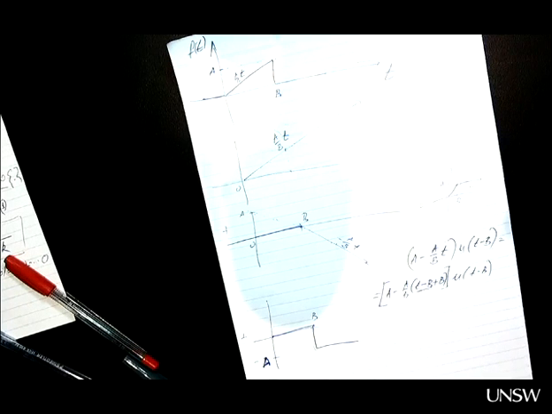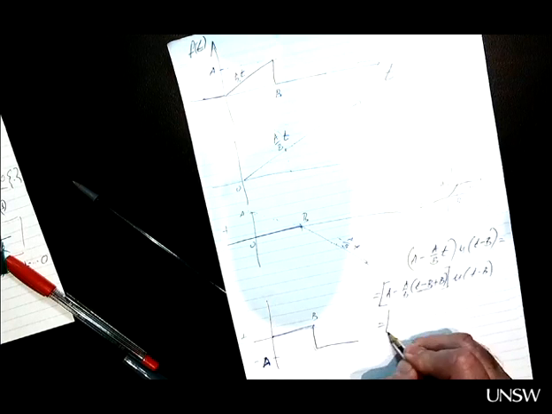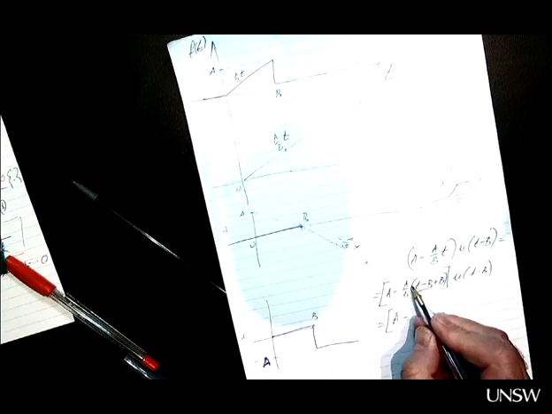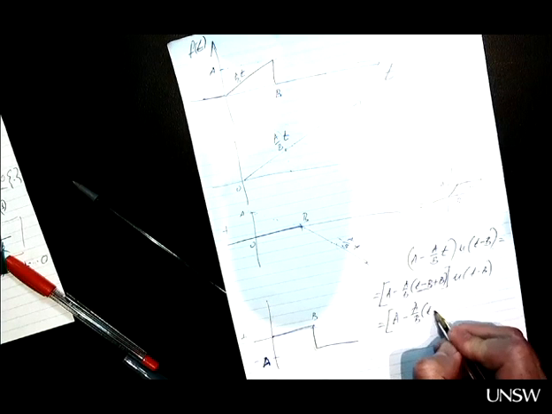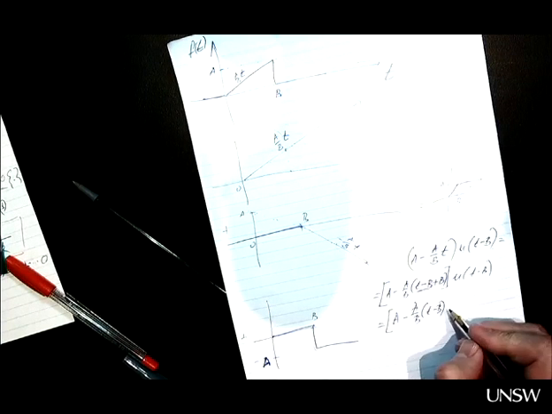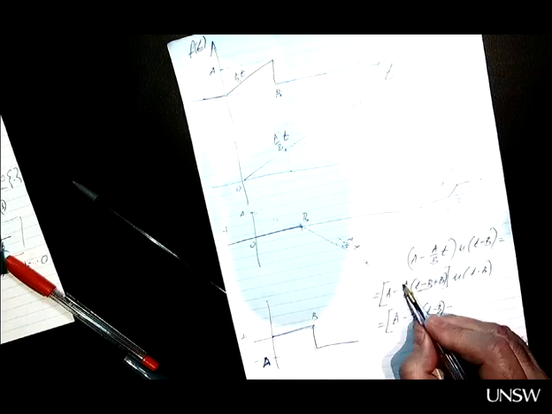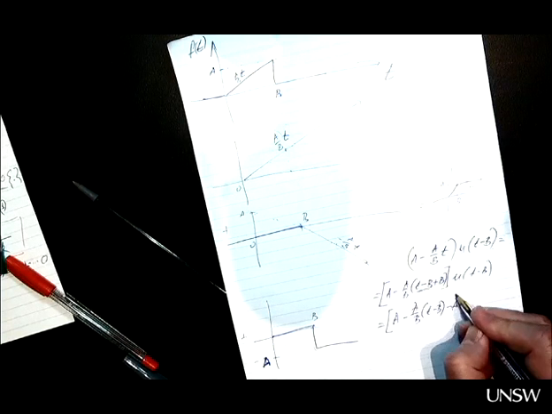So I'm keeping this, but this B I will multiply by A over B. So this becomes A minus, now I'll keep this, A over B, (t minus B), and minus B times A over B will give me A, u of t minus B.